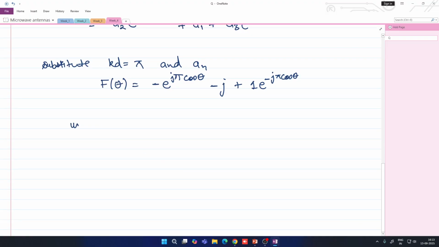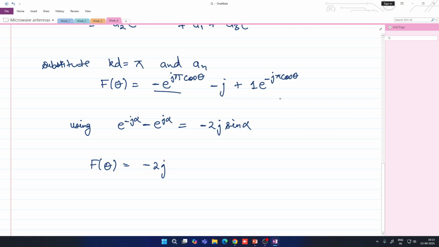Now we know that when e to the power minus j alpha minus e to the power j alpha is in this form, we can write this in the sinusoidal form also, minus 2j sin alpha. So using this I am rewriting f theta as minus 2j.